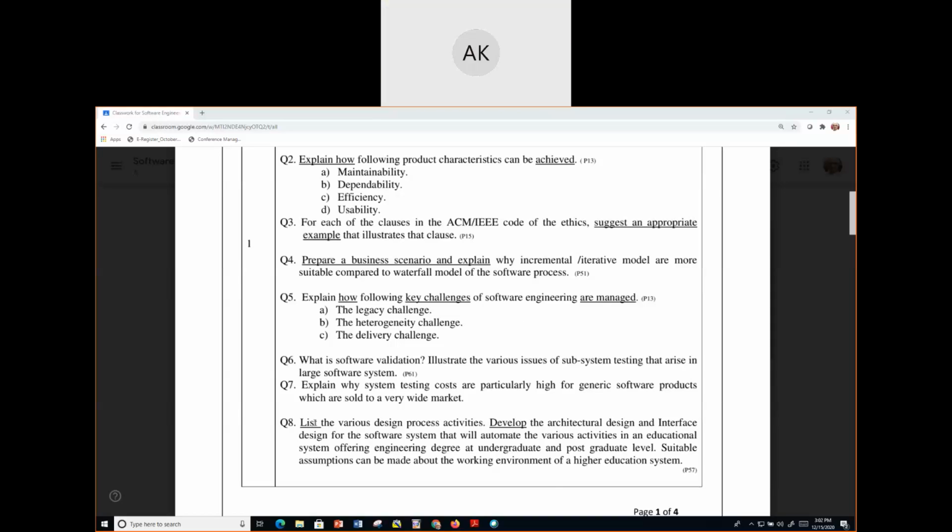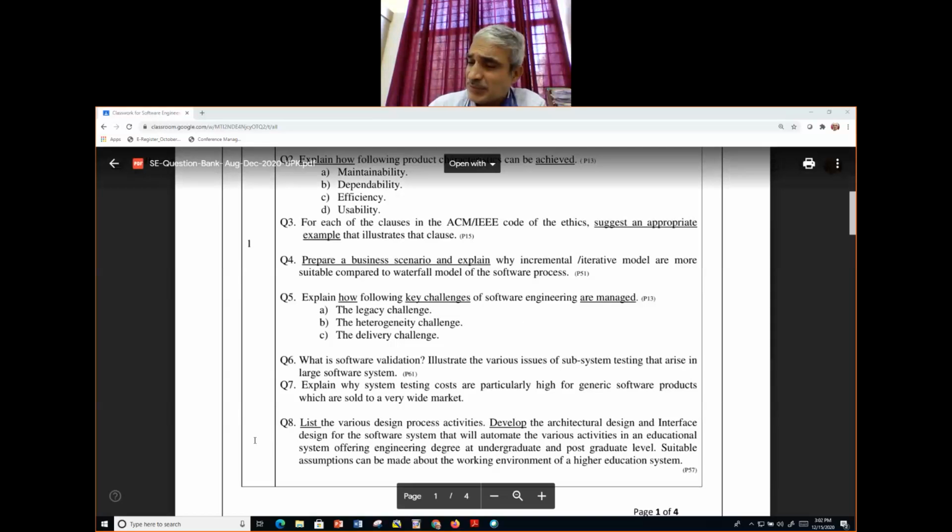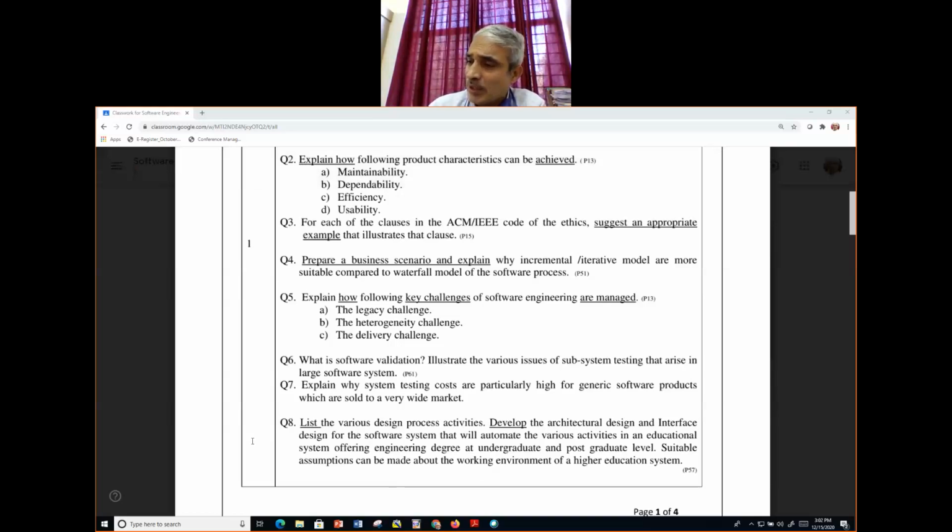I'll pick one of them. Sometimes you have to create examples. I'll pick the third one, product: a software engineer shall ensure that the product and related modifications meet the highest professional standards possible.